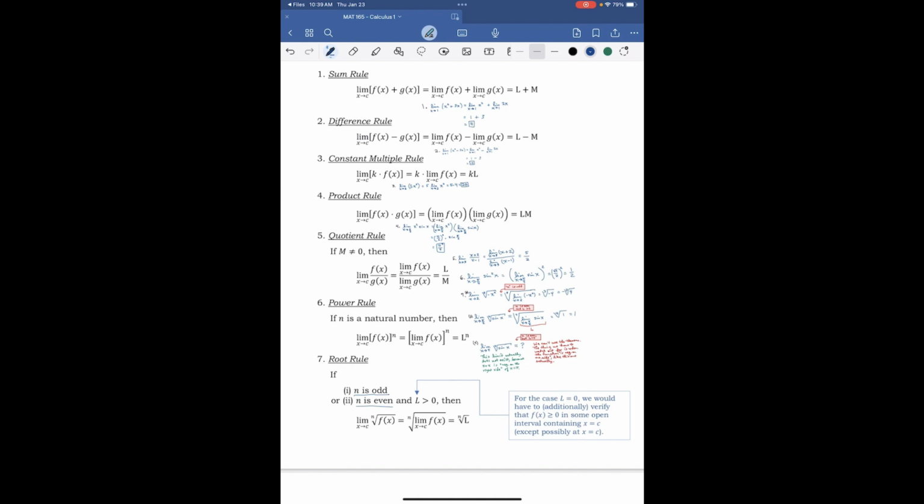So if the root is even and the function itself, the part under the radical, limits to a positive value, and it does have to be positive to use this rule, then we can bring the limit under the root and then proceed from there, and you get this answer here, whatever that is.